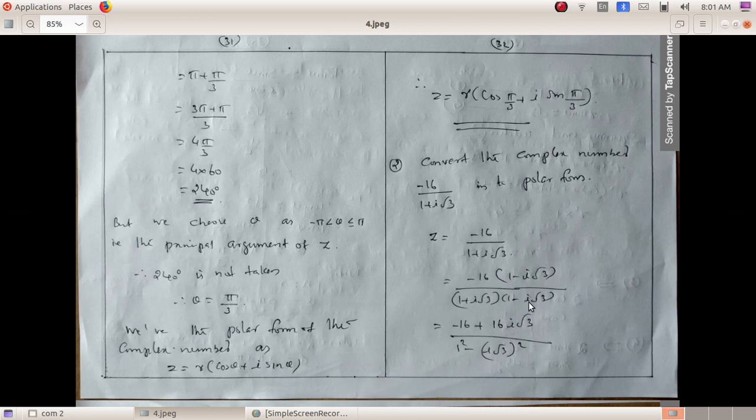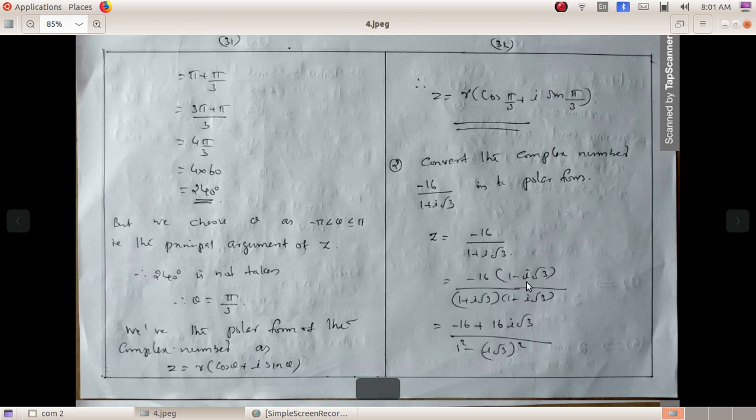So we multiply the numerator and denominator by 1 minus i root 3.